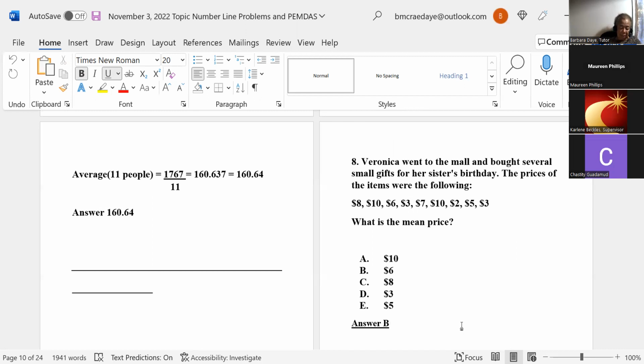Marietta had that one correct. Mercedes had it correct. Maureen, you had it correct. Any questions on mean, or average? Because now we're going to median. All right. Let's go to median.